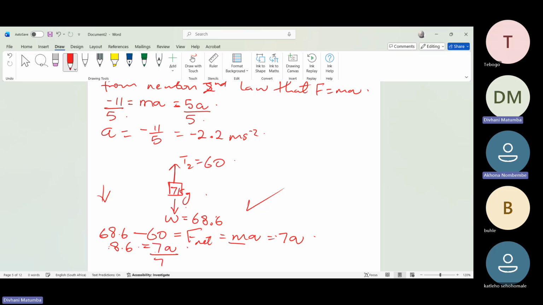If we divide by 7, our acceleration will be 1.23 meters per second squared. So realistically, this will be the acceleration.